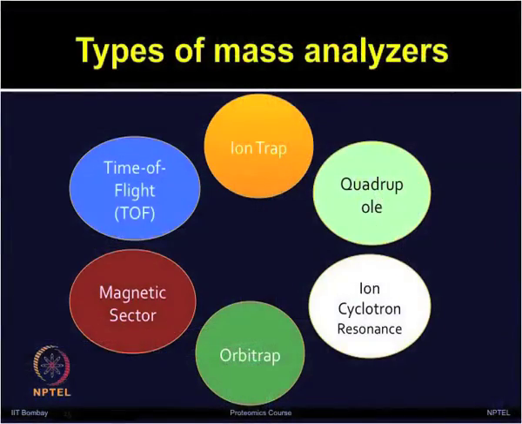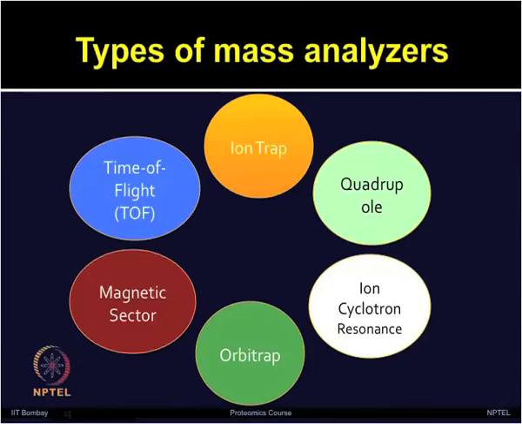In the previous lecture, I gave you an overview of different types of mass analyzers currently available. Each of those has its own unique properties in mass range, analysis speed, resolution, sensitivity, ion transmission and dynamic range. The time of flight analyzers use time of flight, ion trap, Orbitrap and ion cyclotron resonance.